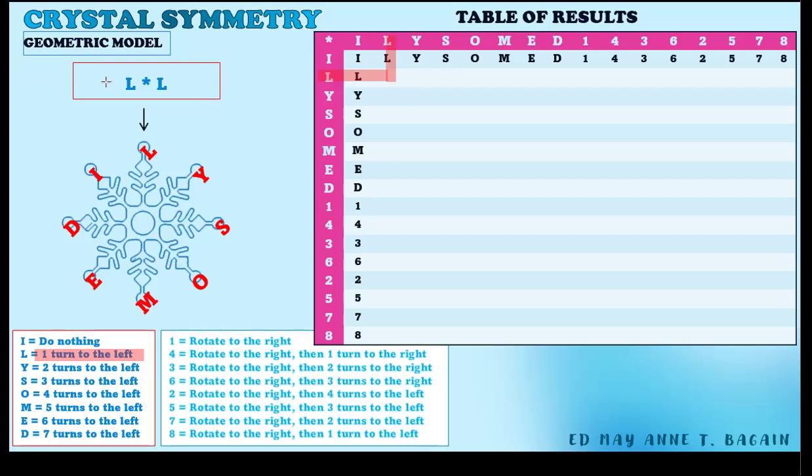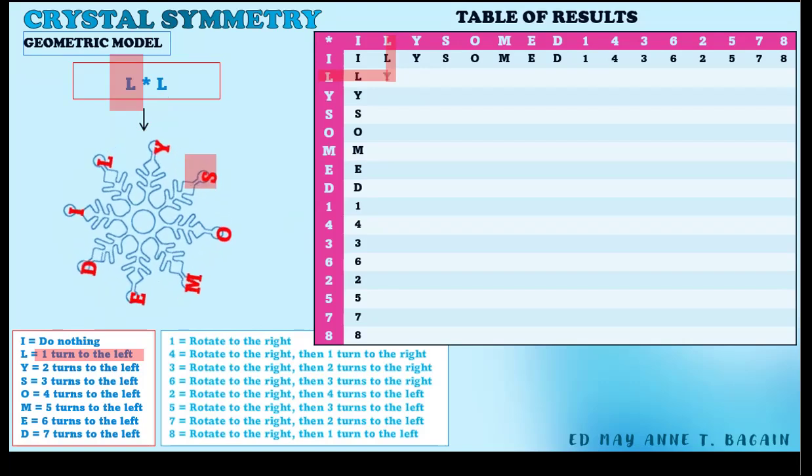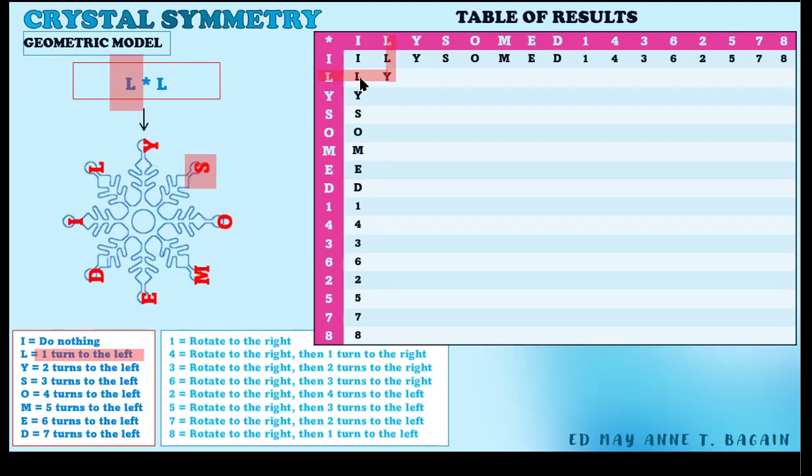If you are already looking at the L, and then you turn it one to the left, it would be Y. So let's check if it would still really be Y. And it really is Y.